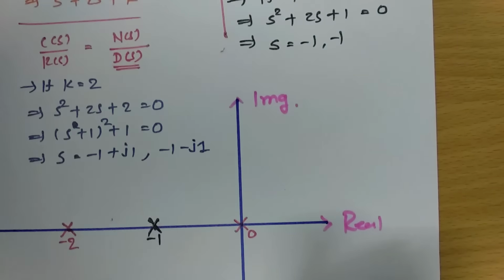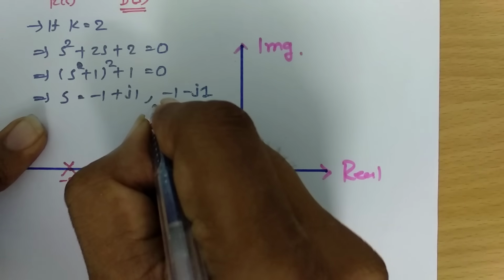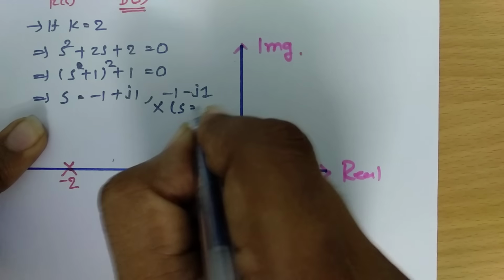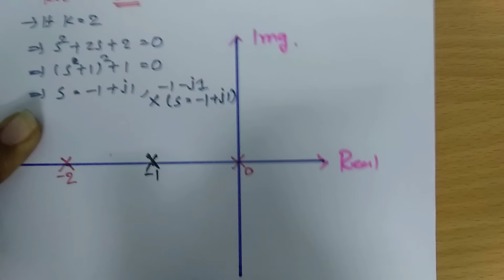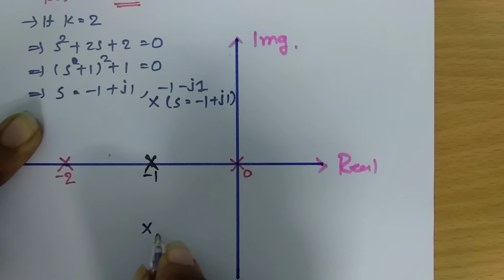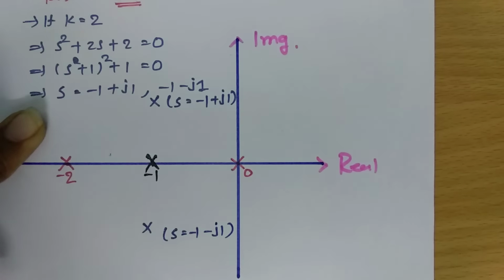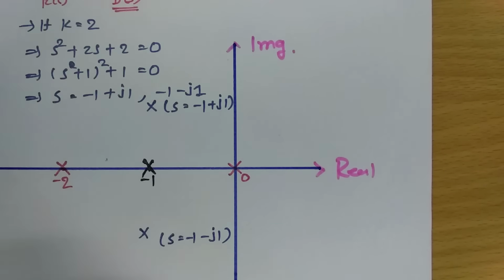So the pole positions for K = 2 change to somewhere here, s = -1 + j1, and the other pole over here, s = -1 - j1.